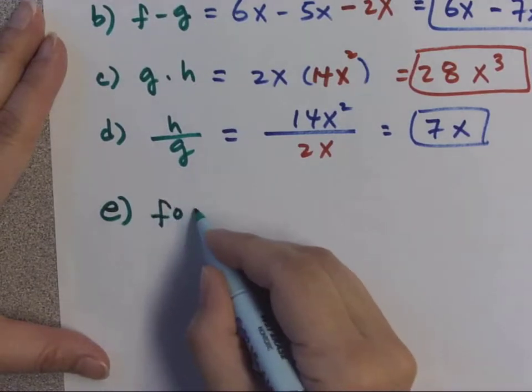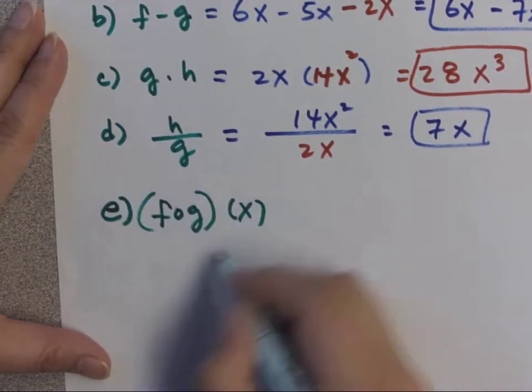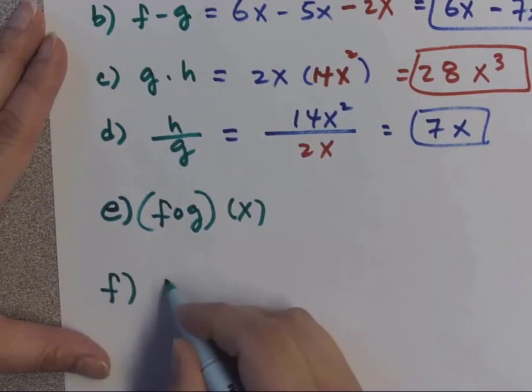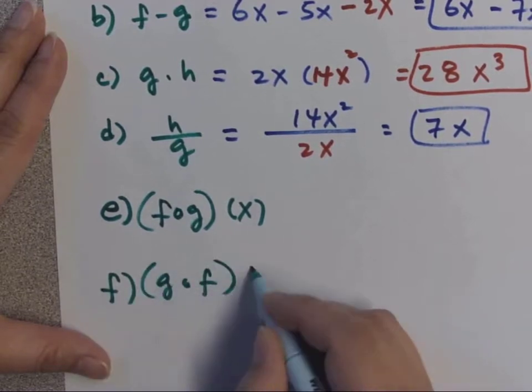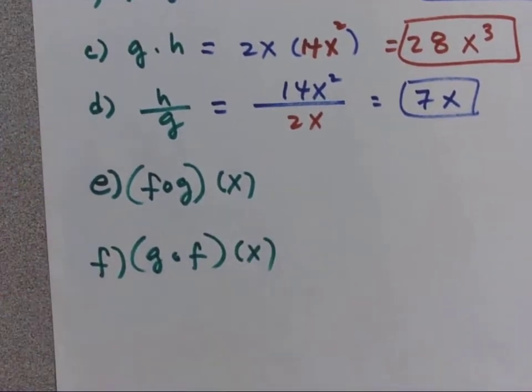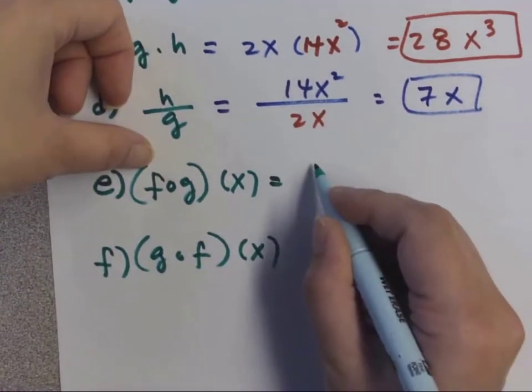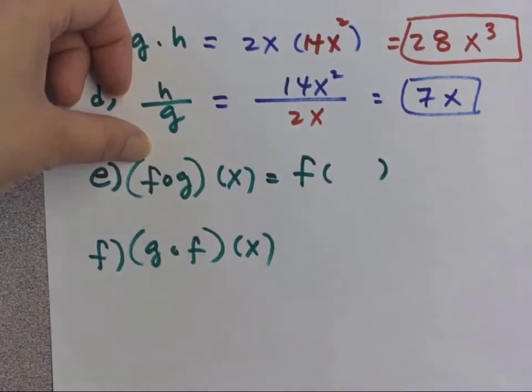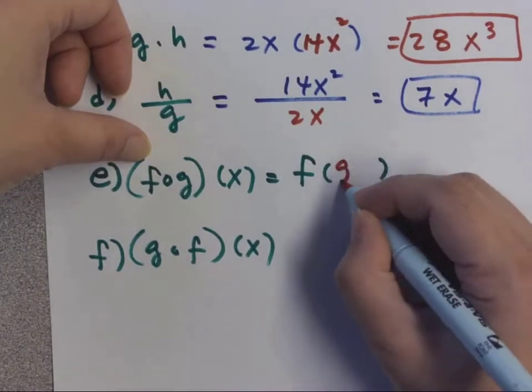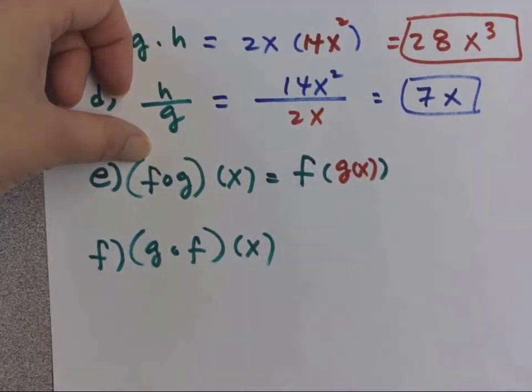We have f of g of x and also g of f of x. What does that mean? Whenever you use the equation, you use f as your base and then what? Plug in g of x. And what is g of x again?